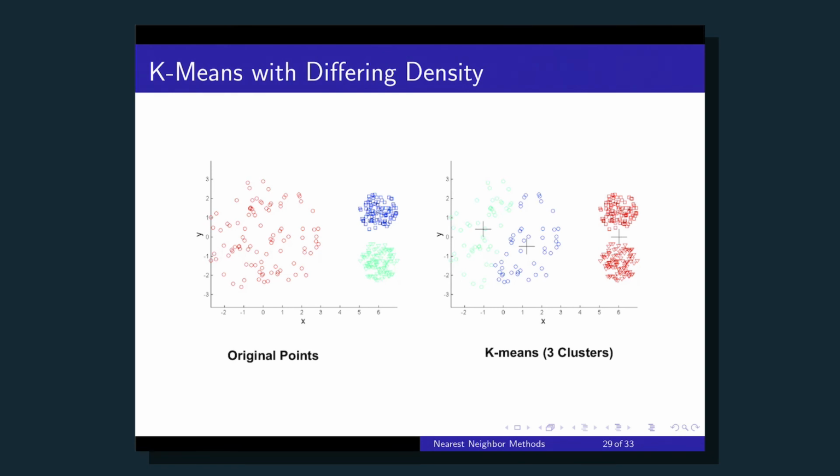If you run k-means on this, you're likely to get this situation where, again, it will try to get the same number of points, but then one centroid will move to the outlying points and essentially only cover half of an actual cluster. The other half will be done by the second centroid, and this third centroid will have to handle two natural clusters all by itself.